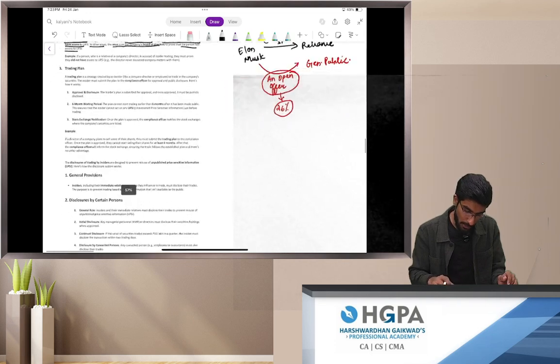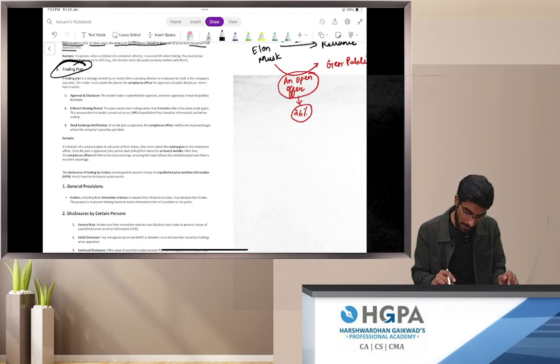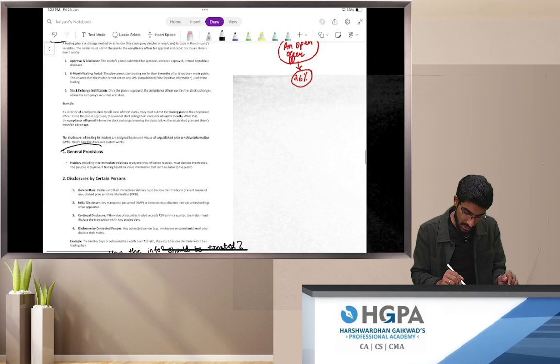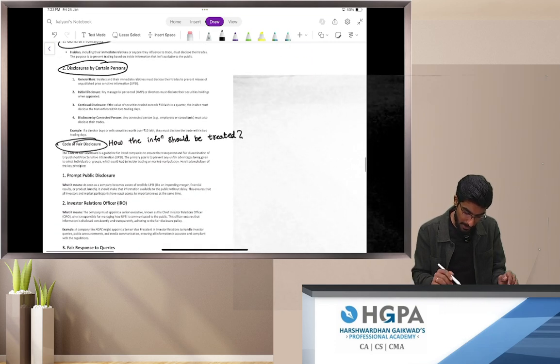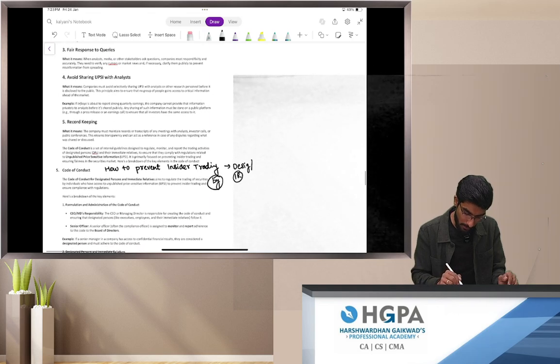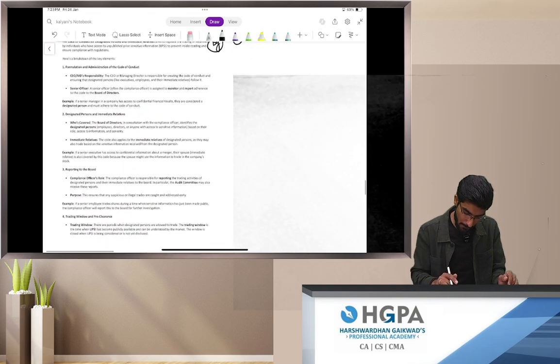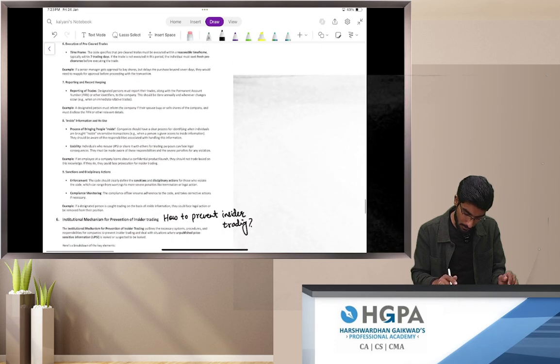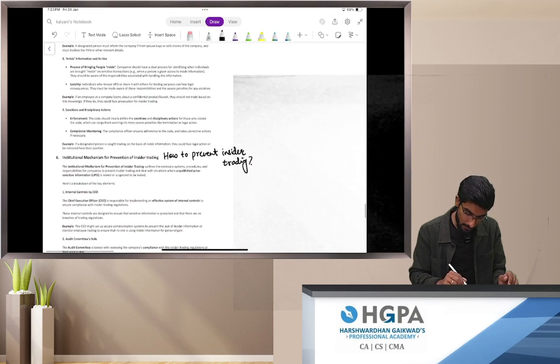Next, we're going to be learning trading plan, general provisions, disclosures by certain people, code of fair disclosures, code of conduct, and institutional mechanism for preventing insider trading.